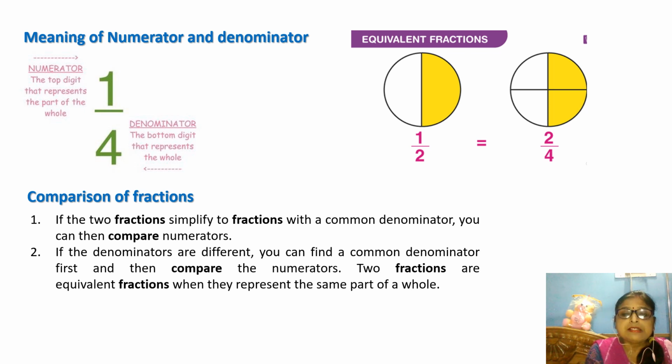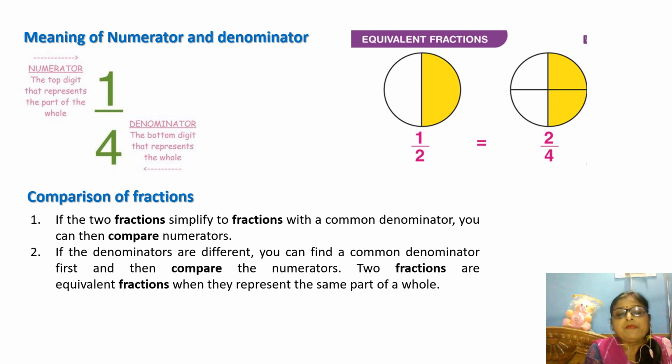Suppose once again 1 by 2, 3 by 2, 4 by 2 is given here. Then you are saying that the denominator is same. So 4 by 2 is greater than 3 by 2, which is greater than 1 by 2, and so on.